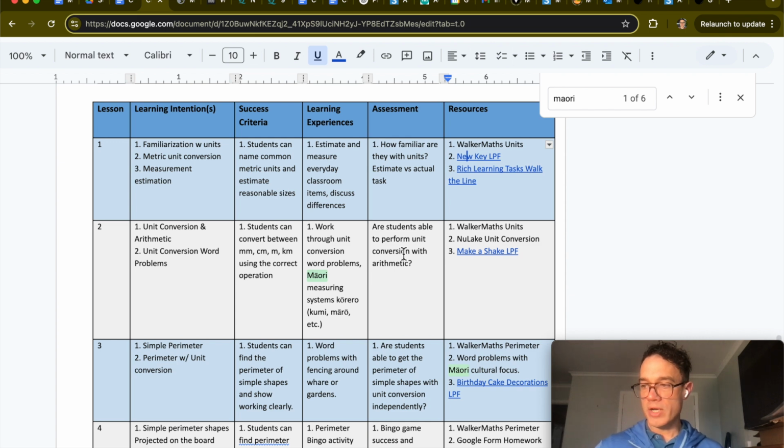We want to make sure that we're fostering critical thinking here. Rich learning tasks and learning progression tasks do that. We also want to have students, it's more than just saying, hey, here's the formula, plug it in. We want to walk into why. Why does that formula work in this way?